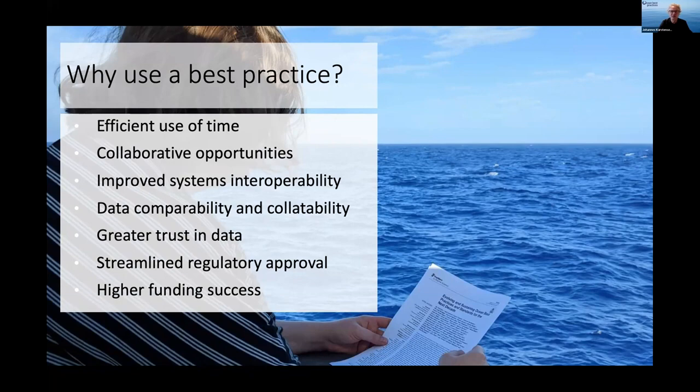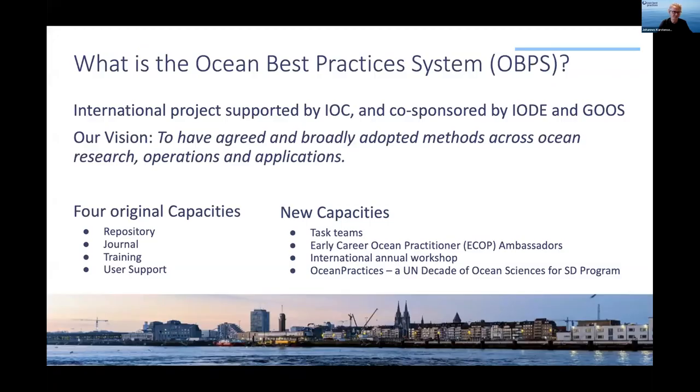So what is now this Ocean Best Practices System? It is an international project that is supported by the IOC, the Intergovernmental Oceanographic Commission. And we are co-sponsored by the IODE, the International Oceanographic Data and Information Exchange, and GOOS, the Global Ocean Observing System.